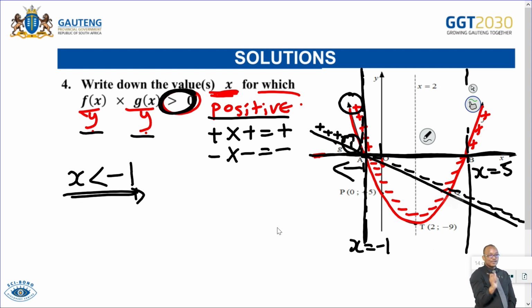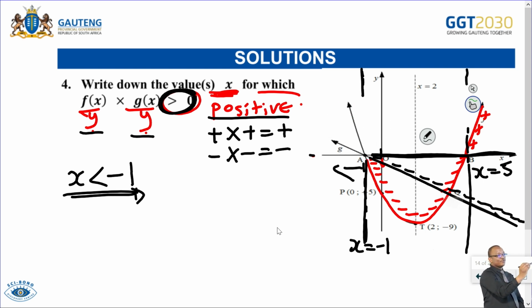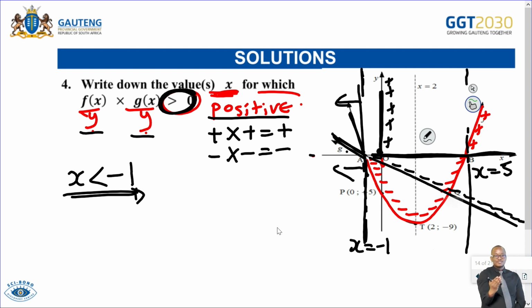The values of y, when I multiply them, are going to give me positive, because these two graphs here are both positive. Their y values from -1 going this side are both positive.